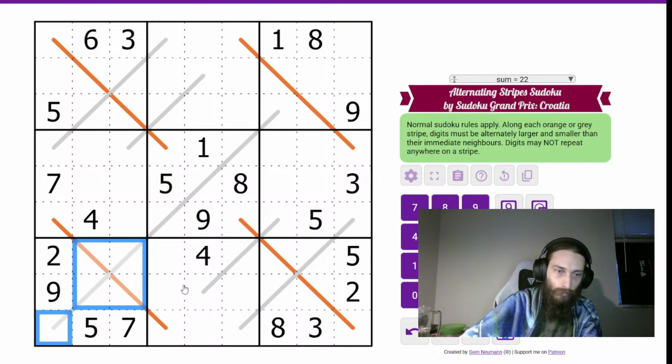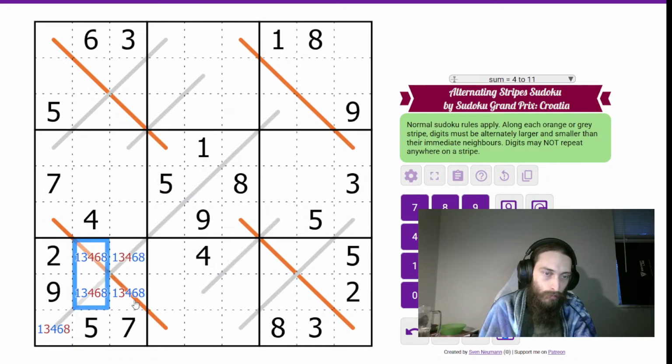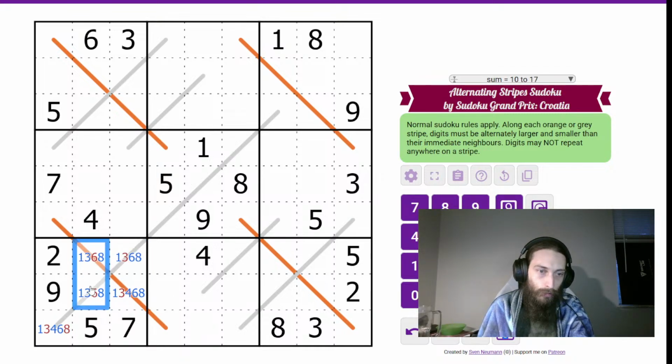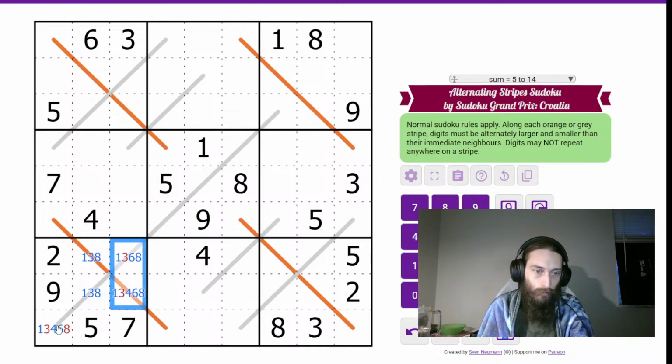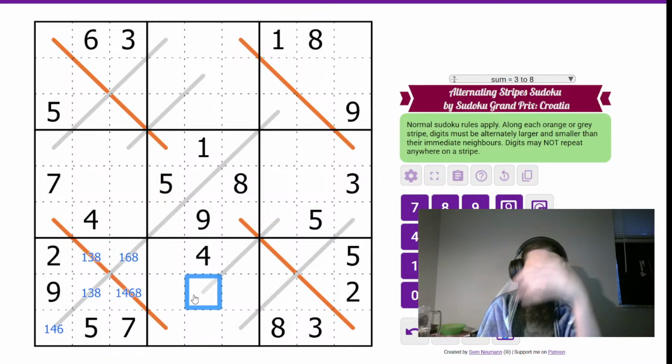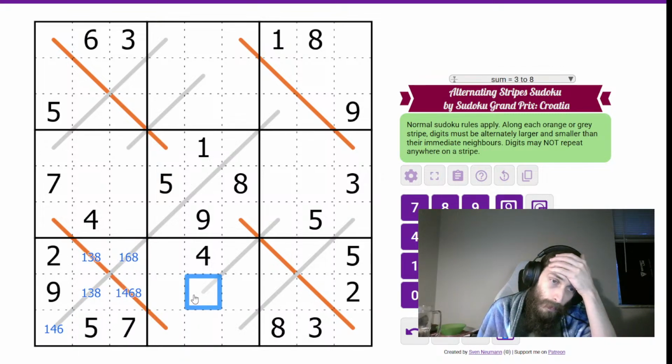Or, well, I was still correct. This is still 1, 3, 4, 6, and 8. 4, 6, 3, and 8. Well, then that center digit wouldn't be able to be 8. If one has to be higher and the other lower.